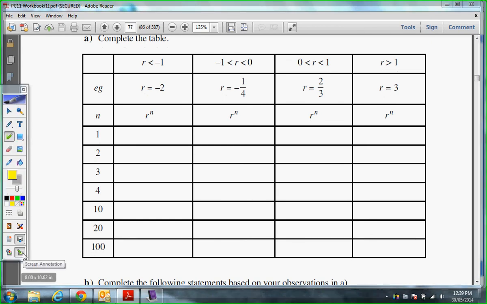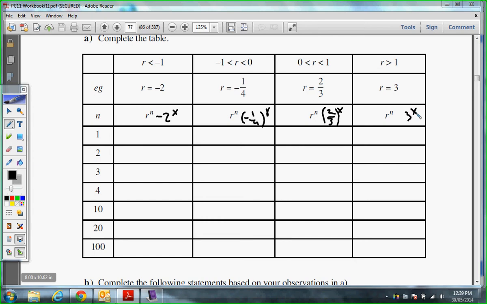If r is -2, you can put -2 to the x in your calculator and figure out what these are. You can put -1/4 to the x, 2/3 to the x, and 3 to the x, and figure out what those are. And I'll go ahead and fill it out here as you're doing that as well.